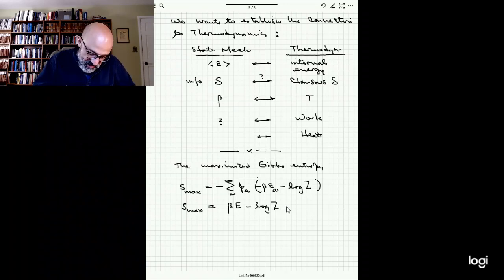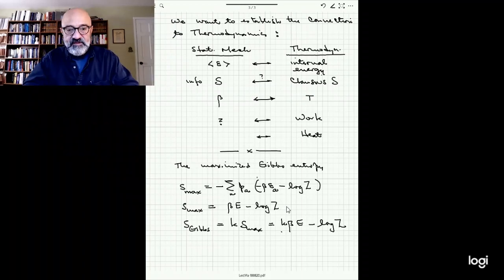If we multiply by K on both sides, what we're going to have is what you might call the Gibbs entropy, which is K S max, which is K beta E minus log Z. Very good.